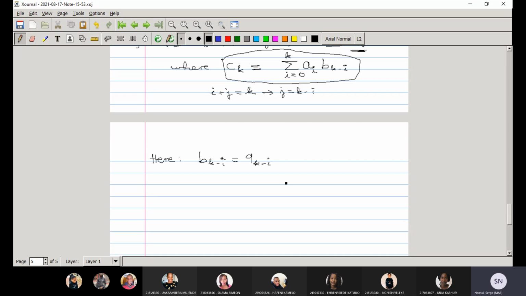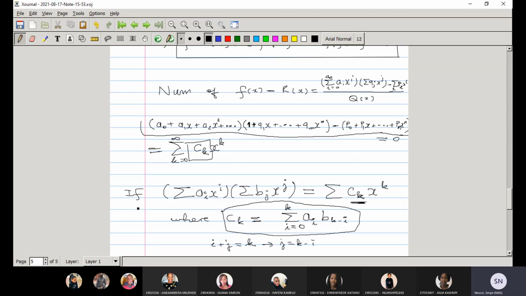So therefore, the coefficient of x^k, whatever I call it, c_k or whatsoever, will be written as the sum, i running from 0 to k, of a_i q_{k-i}.